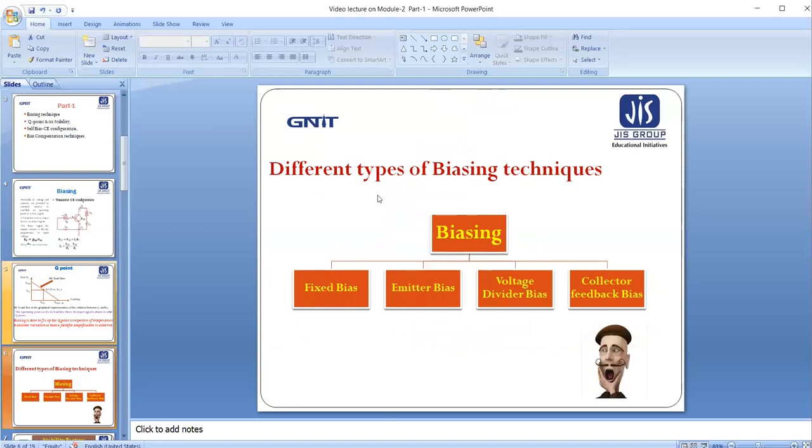Next, these are the different types of biasing techniques: fixed bias, emitter bias, voltage divider bias, and collector to base feedback bias. These types of biasing techniques we have learned in our basic electronics engineering. Today, we shall discuss only the voltage divider bias because it is the most essential and most commonly used in electronic circuits.